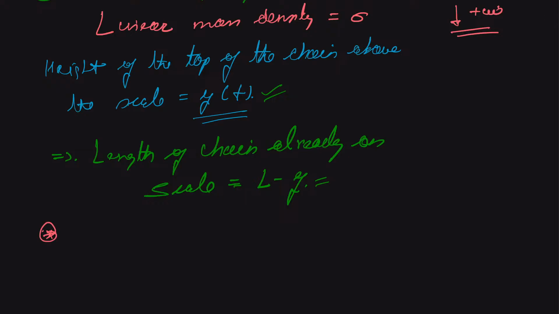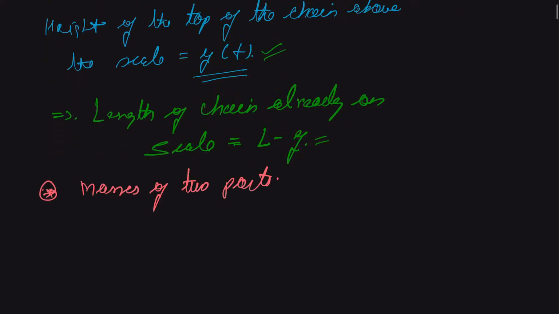So we can say the masses of the two parts: the first part we can call the moving part, the part that is still falling.